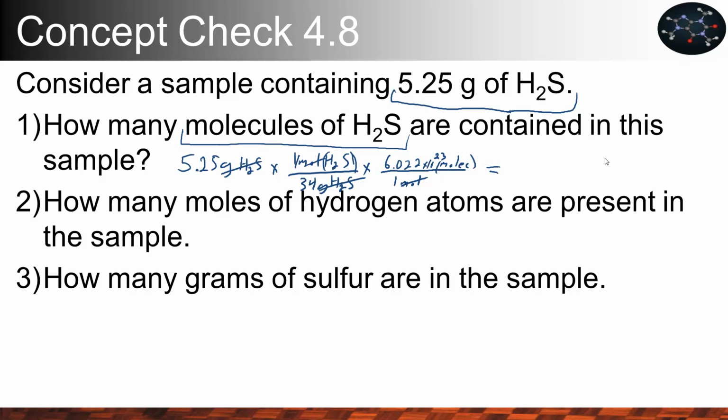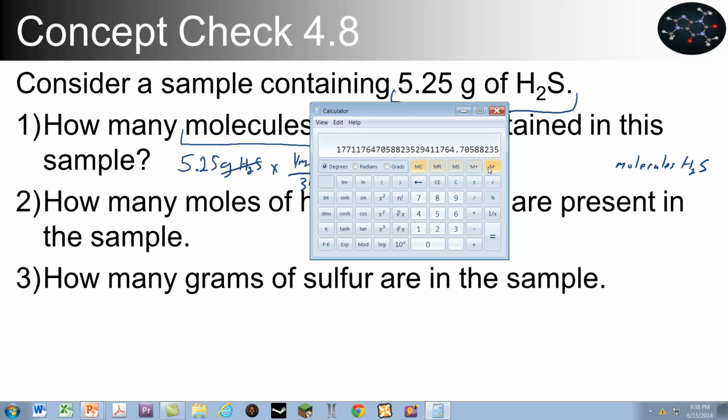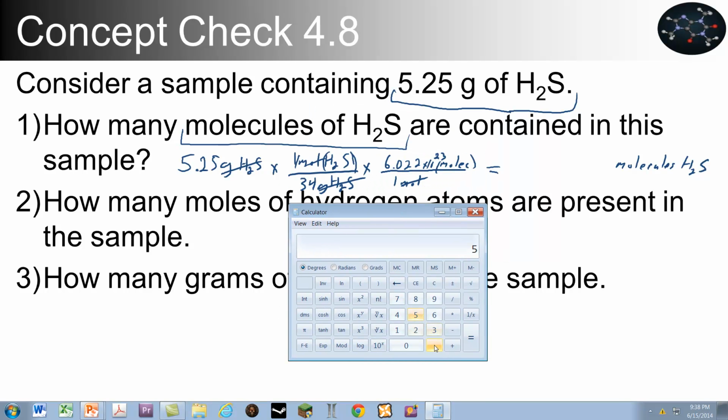How many molecules of H2S are contained in that sample? We pull out our calculator. 5.25 divided by 34. That's the number of moles of H2S we have.